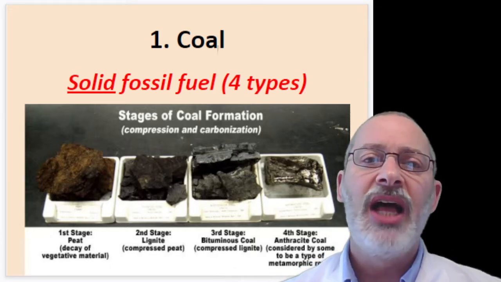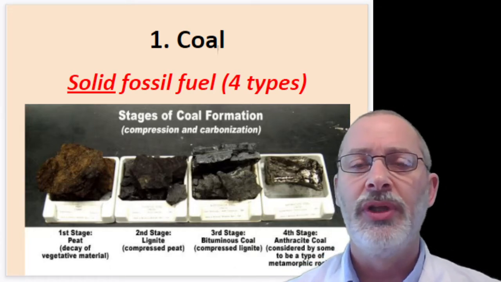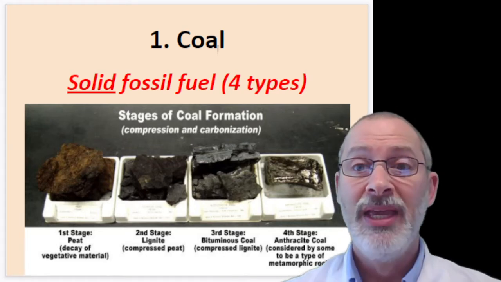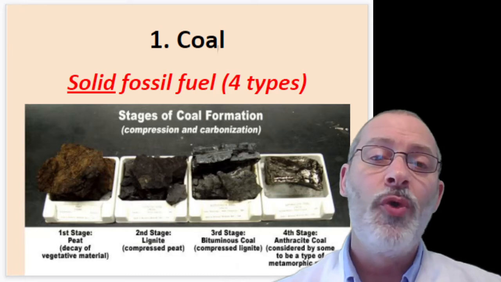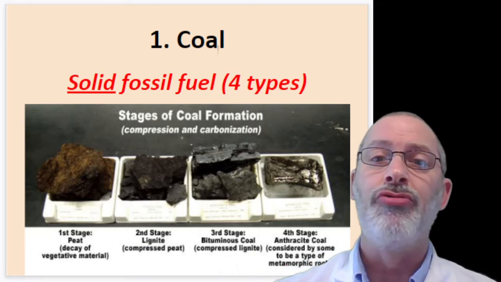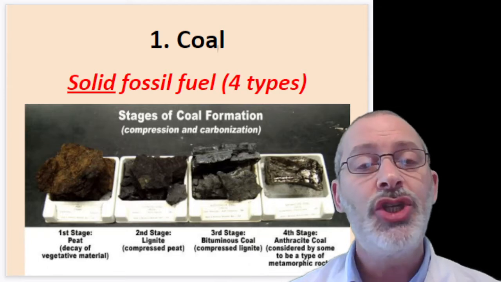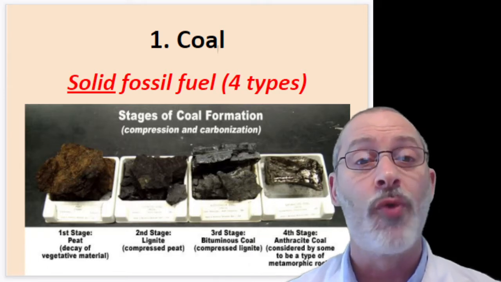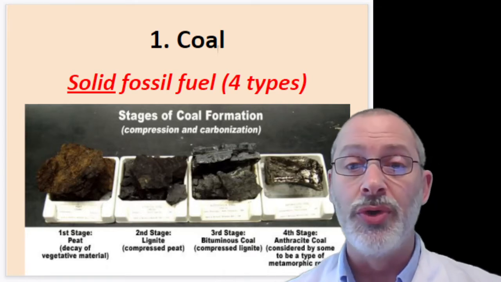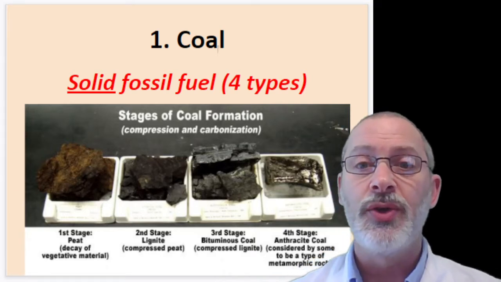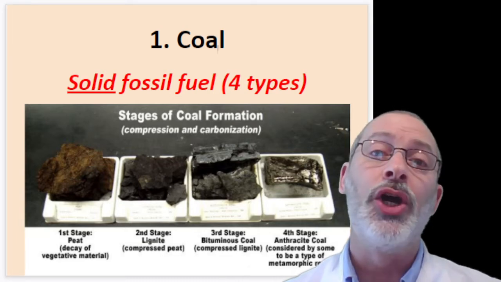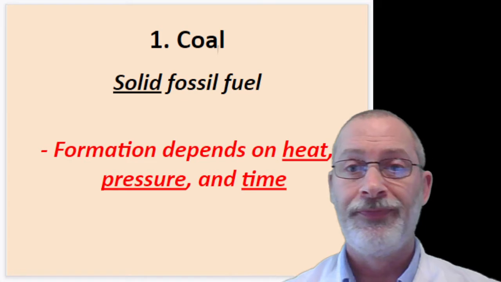Coal is the solid form of fossil fuel, and as I said, not all coal is the same. In fact, there are 4 types of coal based on the progression or the stages of development or formation of coal. So we're going to review those 4 stages or phases or types of coal, beginning with the earliest stage.